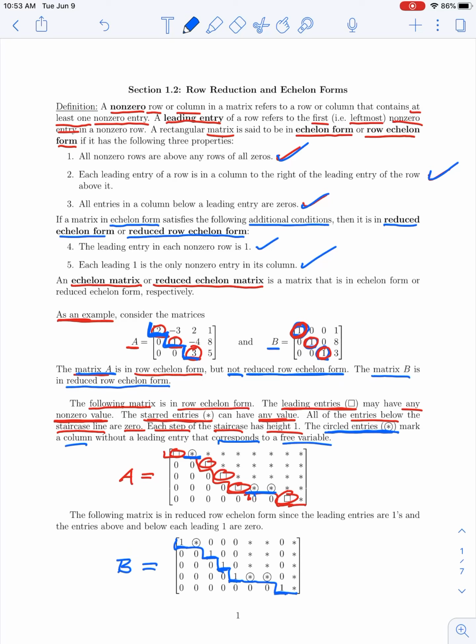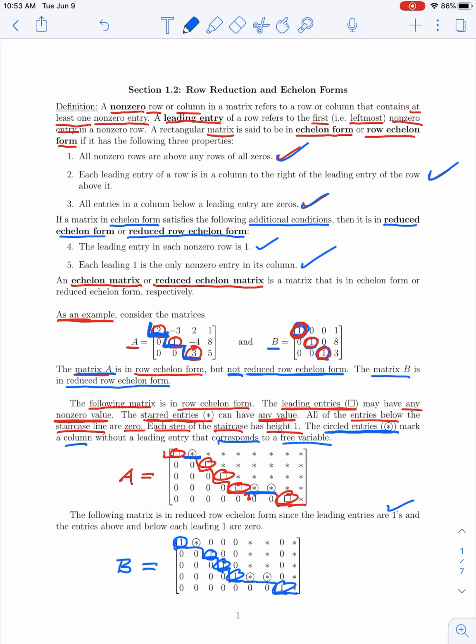Now, to make sure that it is in reduced echelon form, well, we need to make sure each of our leading entries is a 1. So here we can see directly from our matrix that these leading entries are all 1s. And all of the entries above and below each of these leading ones is 0.